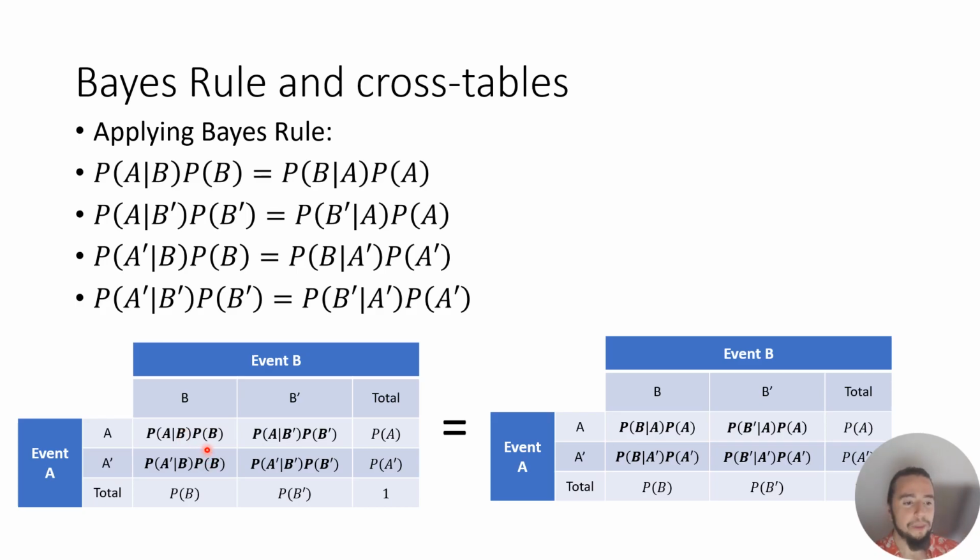Given that in binary variables we have their complementaries, we can get all of the four possibilities, and applying Bayes rule, we know that the probability of A given B multiplying the probability of B is equal to the inverse probability B given A multiplying probability of A. We can do that for all of the four combinations, and we get two equal cross tables.